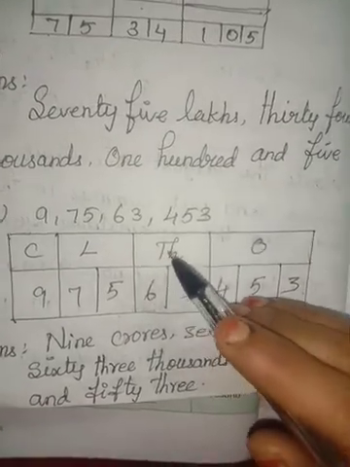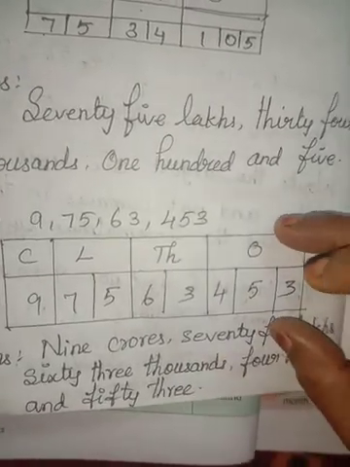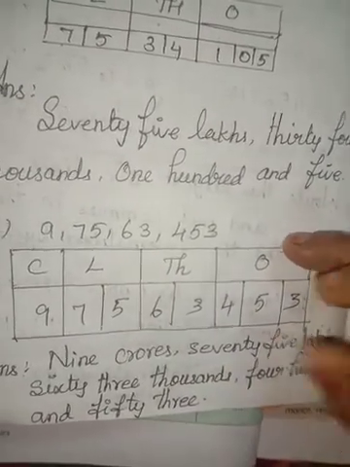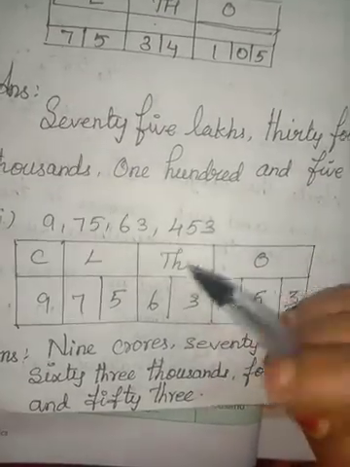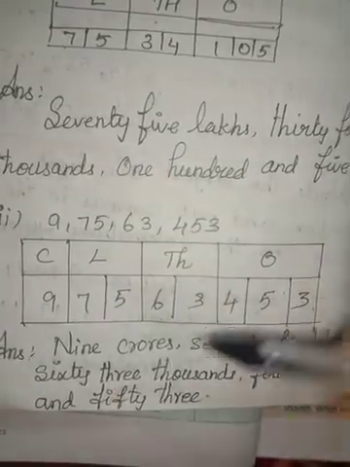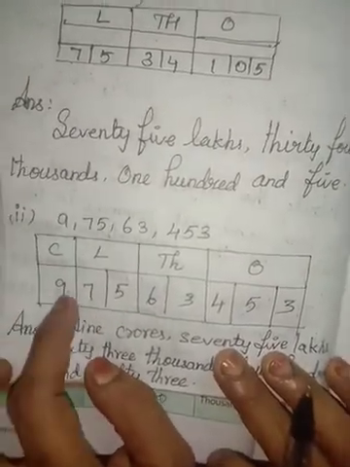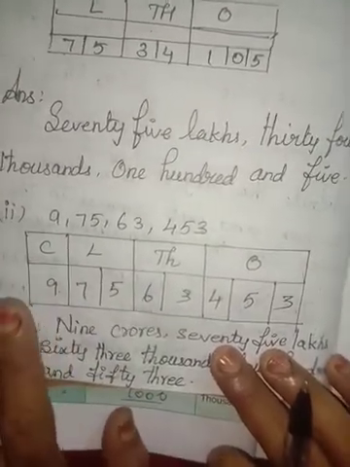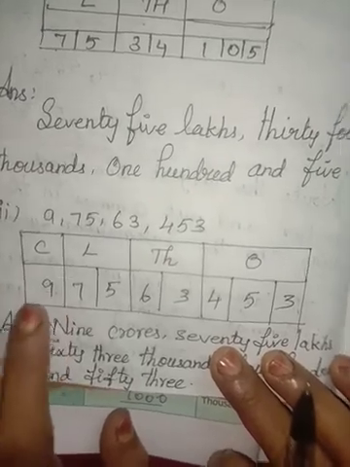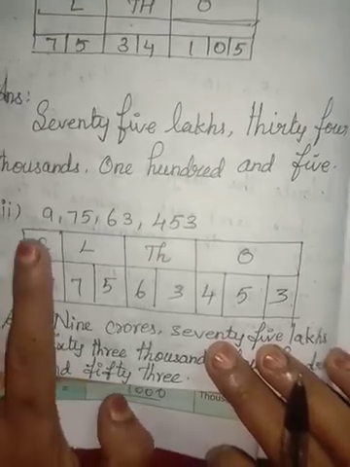That's why it is the Indian system. That's why I make the tabular column in the Indian system, that is ones, thousands, lakhs, crores groups. First you read the numbers first. 9 crores having only one digit only. That's why I say 9 crores.